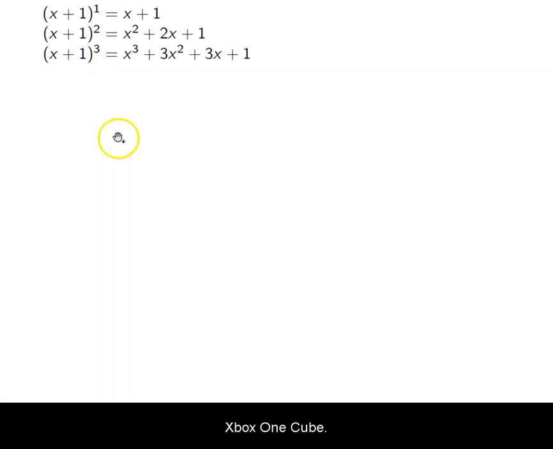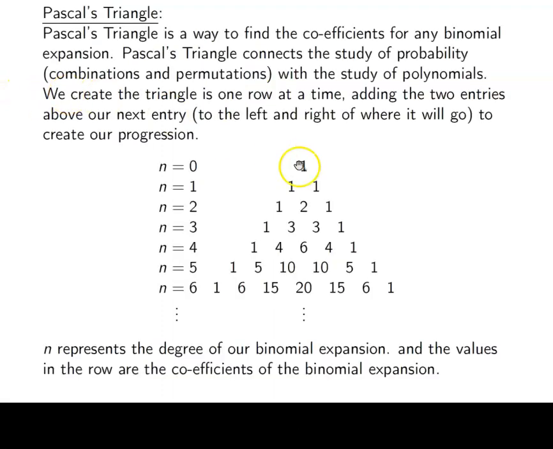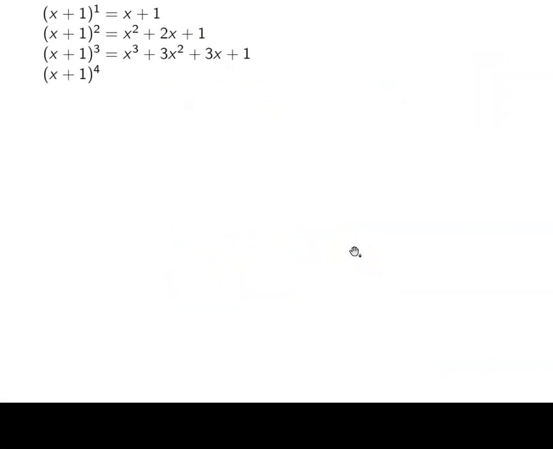X plus 1 cubed is x cubed plus 3x squared plus 3x plus 1. 1, 3, 3, 1. Okay, x plus 1 to the 4th, the fourth degree polynomial, 1, 4, 6, 4, 1.